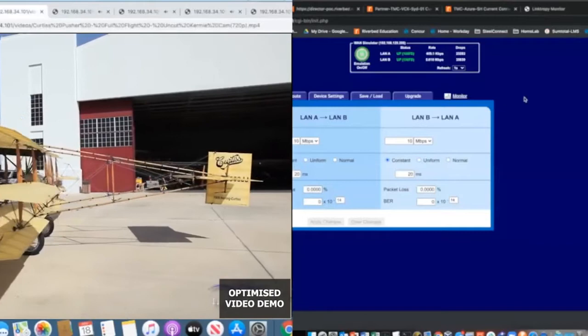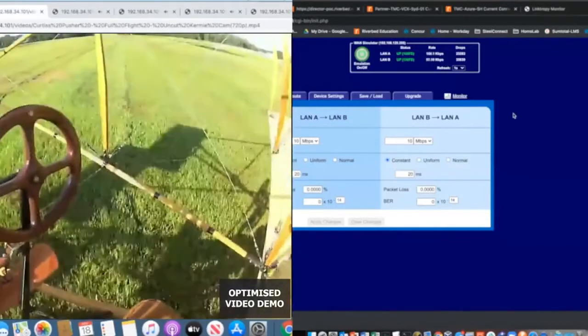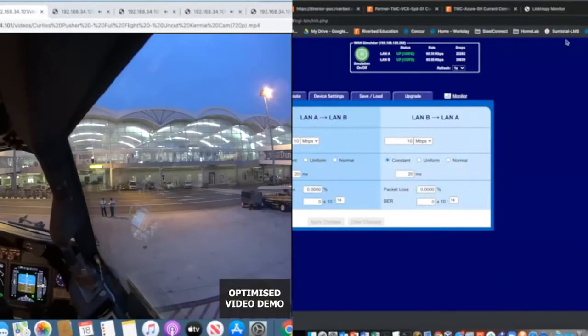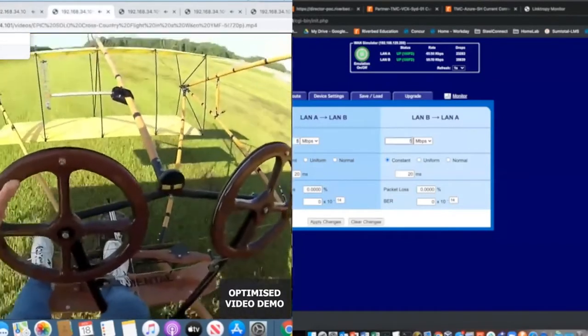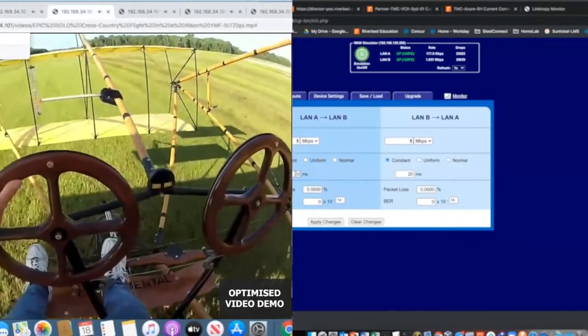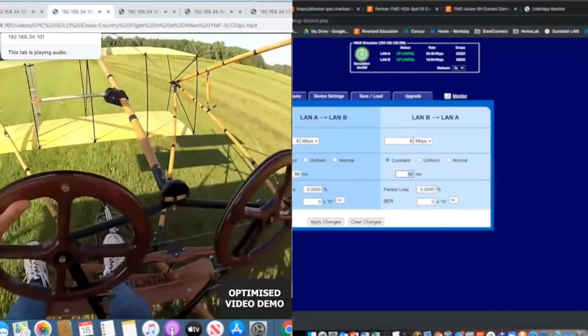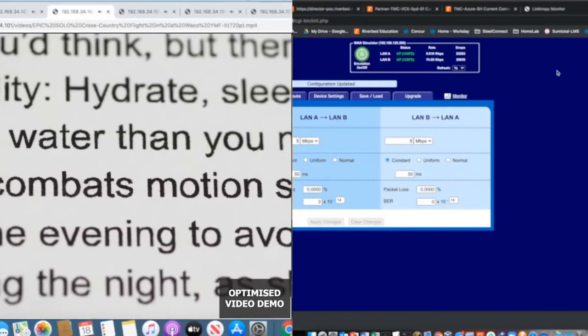So I'm just about to dial it back down now, down to 5 megabits per second, and I can't remember what I dialed it back to, probably 50 milliseconds of latency. Now I've gone 5 megabits per second with 50 milliseconds or 100 milliseconds on each end.